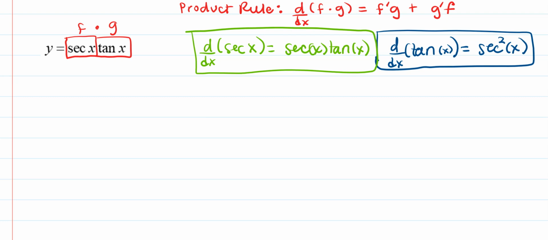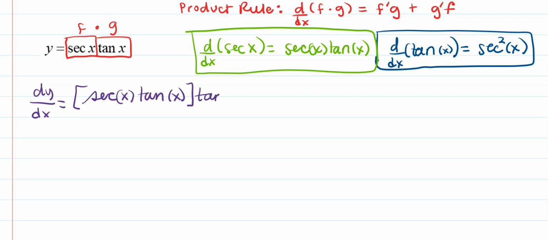The derivative of y with respect to x is the derivative of secant, which would be secant of x tangent of x, multiplied by the second function, which is tangent of x.